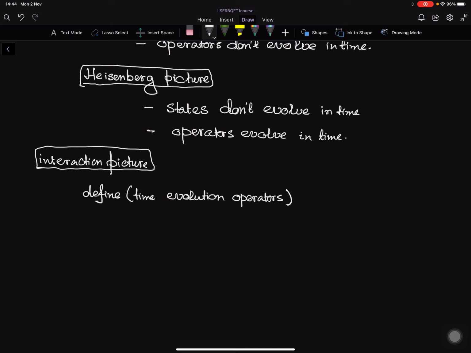It's an operator U(t, t0), such that i h bar del t of U(t, t0) is the Hamiltonian times U(t, t0). This is the full Hamiltonian.